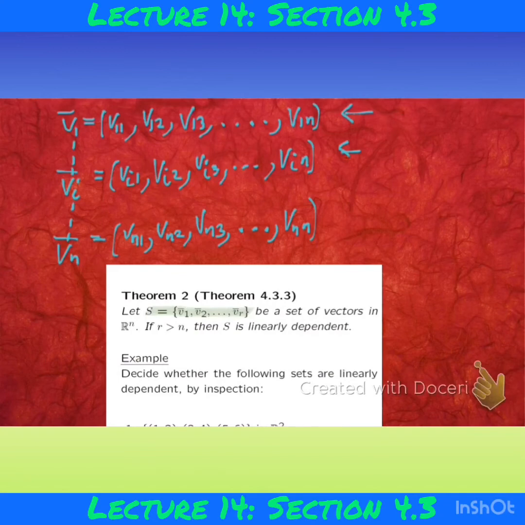So each vector in the set S is an n-tuple and can be represented in that way. The ith vector in S looks like that, and the rth vector in S looks like that.